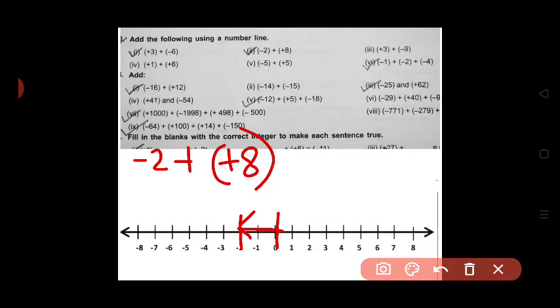Next one is move plus 8 units towards right. So from -2 we have to start. Let's do. So we move up to 6. Also we can find out by doing here. So here is answer 6, and number line is also representing the same, and this question I already solved in example.